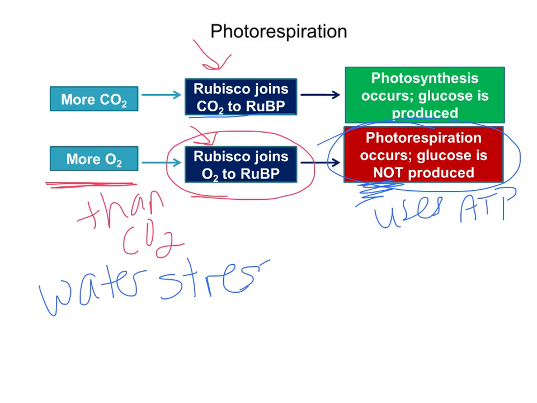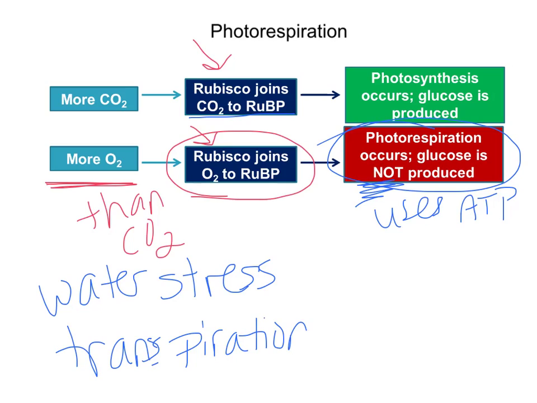Okay, we're going to jump into plants in the next couple lessons. If you just think about what you know about plants, plants get water from their roots, and it travels up due to adhesion and cohesion and capillary action and transpiration. You remember transpiration, the evaporation of the water from the leaves.